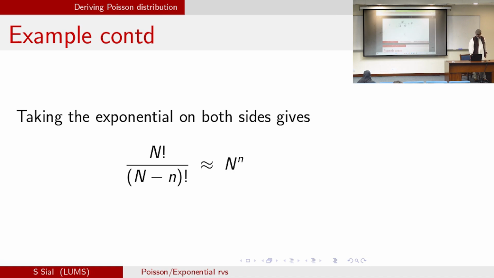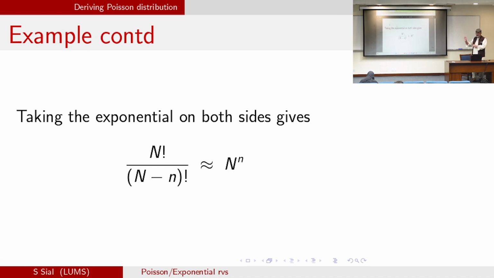Then essentially our binomial p of x is just going to be n choose n times p to the n times 1 minus p to the power N minus n. Yeah, we're going to write it a little differently than that, right? The nomenclature will be a little different, but okay.